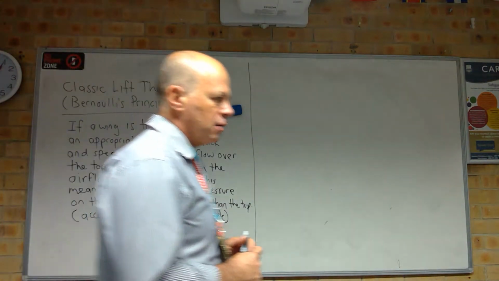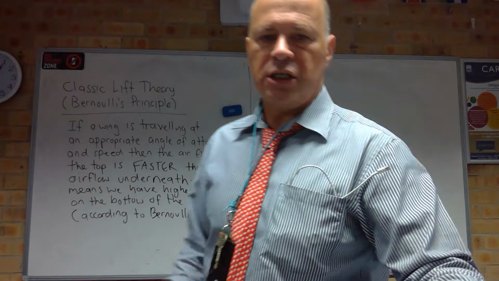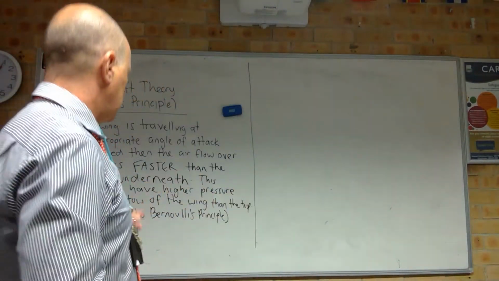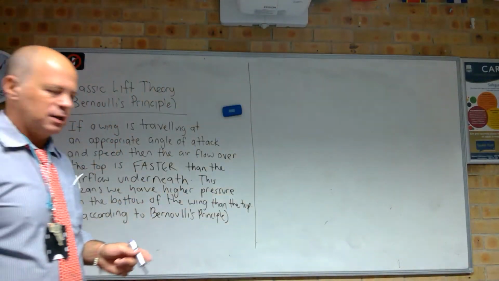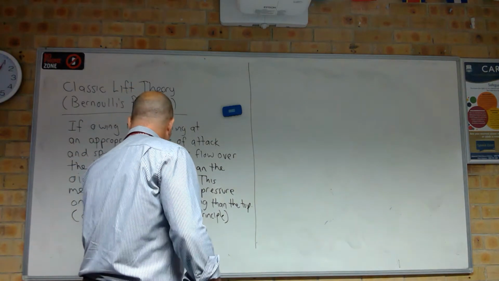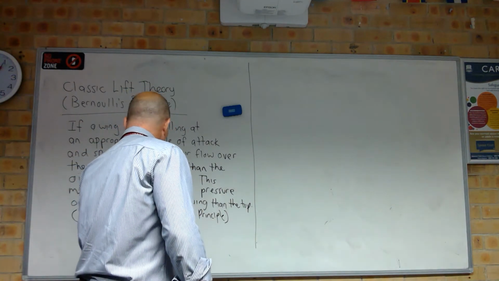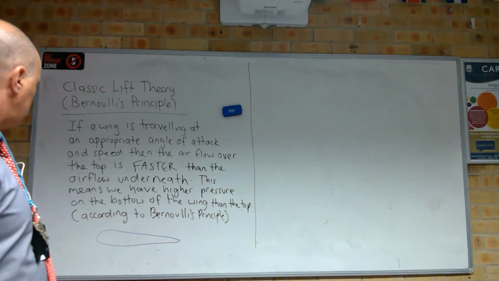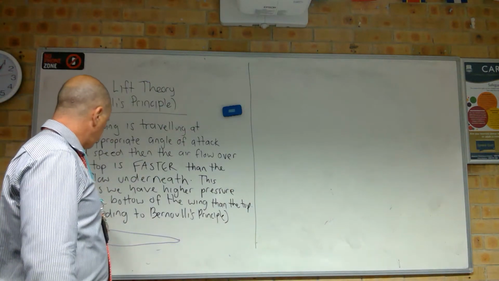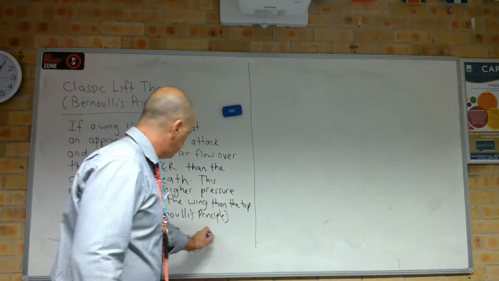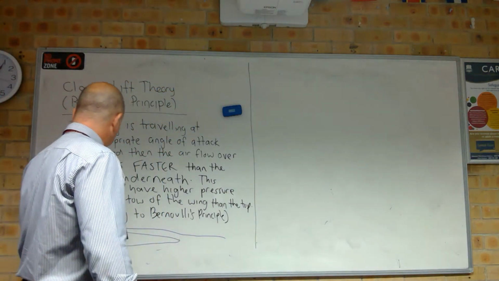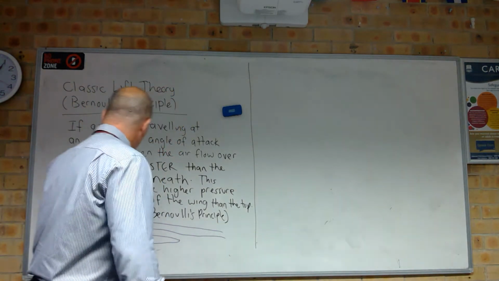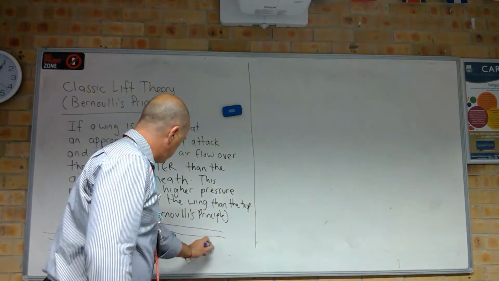And then for your diagram, what I suggest would be a really good thing to do is for the classic model, they normally draw an airfoil that's that shape. Okay, and then you can just draw airflow coming up over the top, airflow going straight underneath.